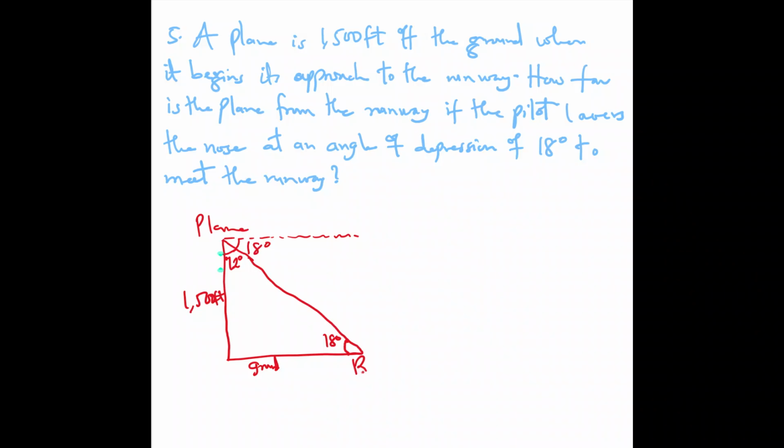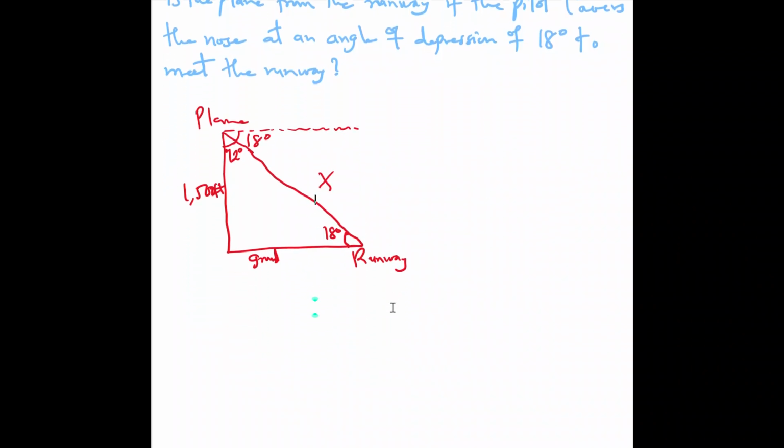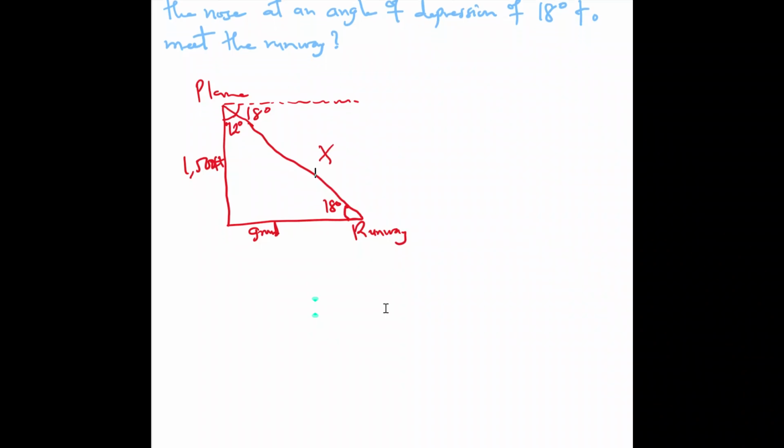Now we are looking for this side, x. I'm going to solve this question in two ways. You can see that we have two angles. We can decide to use 72 degrees. So cos 72 is equal to 1,500 divided by x.